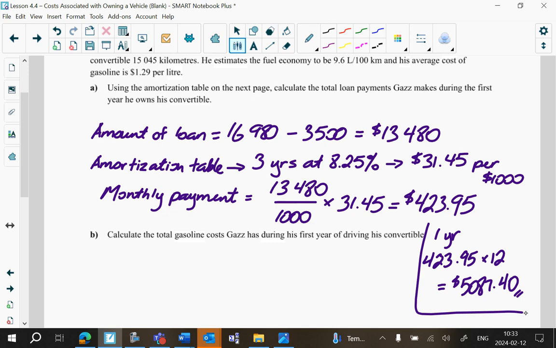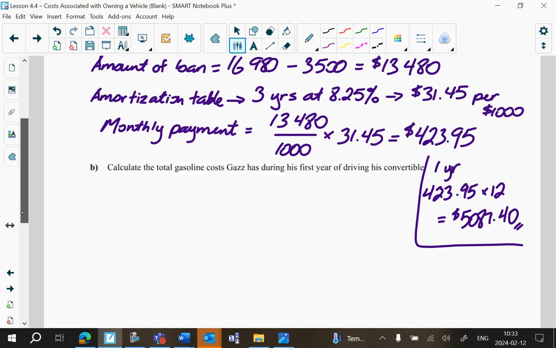Well, the total cost of gas is going to be, now remember, we're trying to find out, we're given the fuel consumption rate. And we're also given the distance driven.